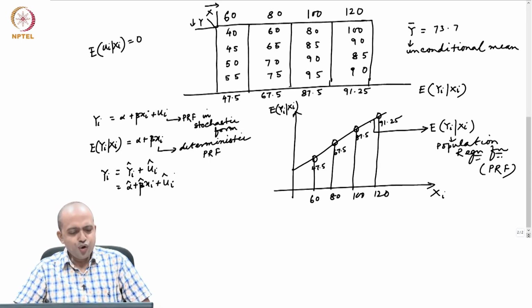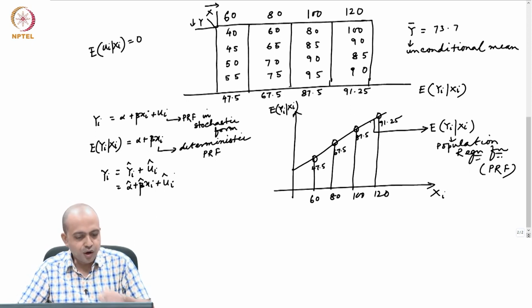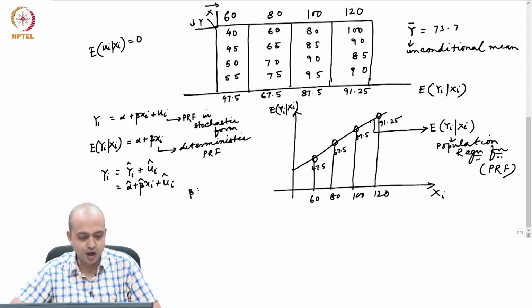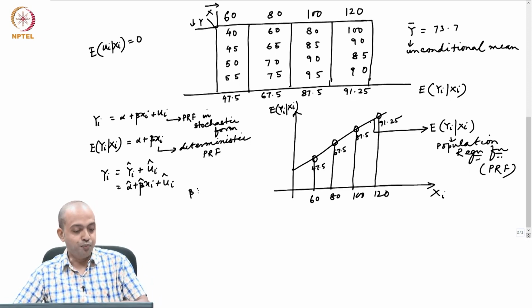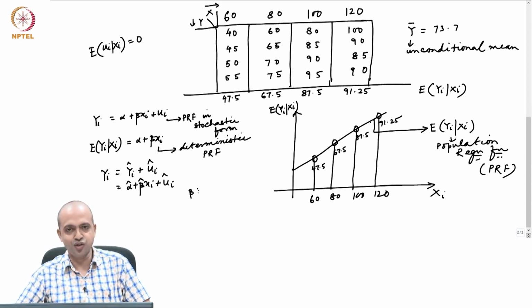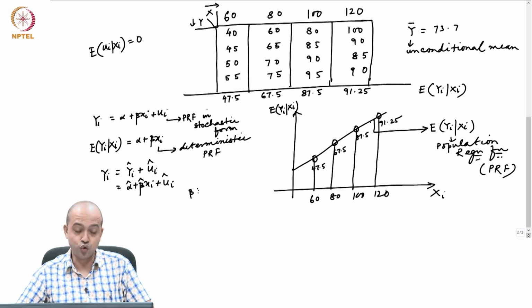Now, how do you interpret the coefficient? Our stochastic form of the population regression function says yi equals alpha plus beta xi plus ui. What is the meaning of alpha and beta? Let us try to understand the interpretation of beta. Beta indicates, for a unit change in xi, what is the change in yi? As I said, that is nothing but the marginal propensity to consume.